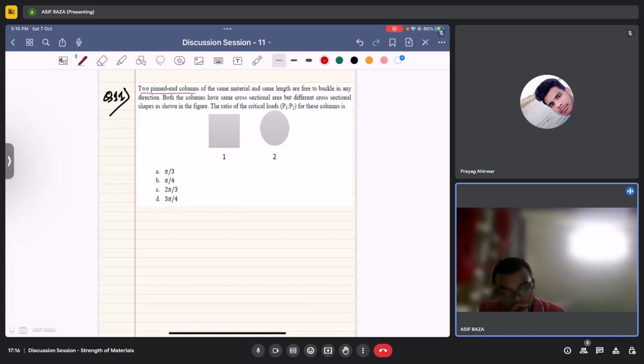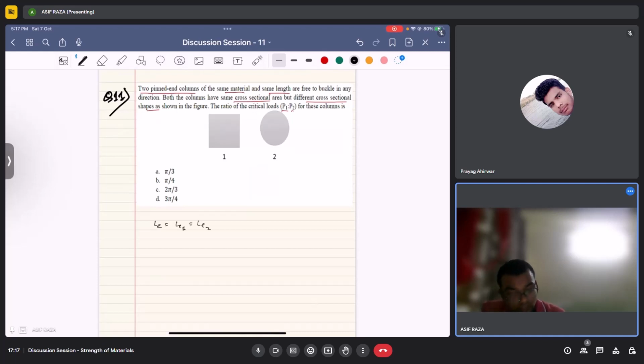two pin-ended columns of the same material, same length, are free to buckle in any direction. Both the columns have same cross-sectional area but different cross-sectional shape as shown in the figure. The ratio of the critical loads P1 upon P2 for these columns is, so we're given two pin-ended systems, so LE would be the same for both, LE1 and LE2.